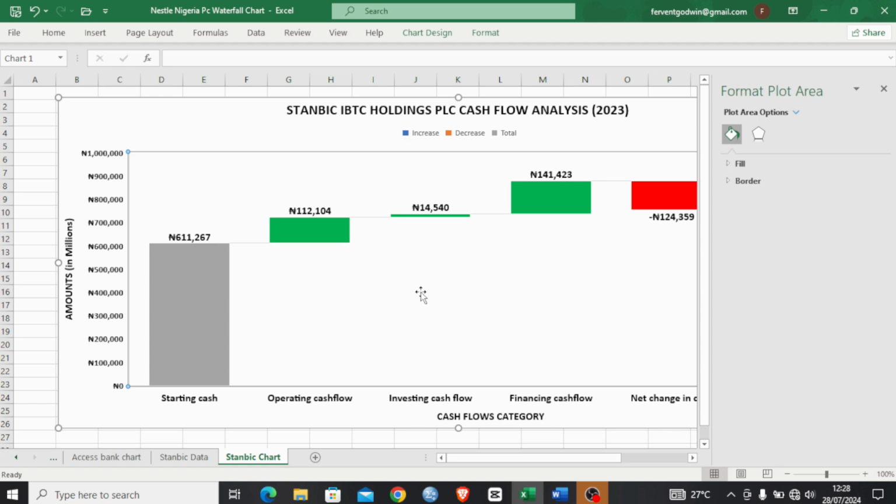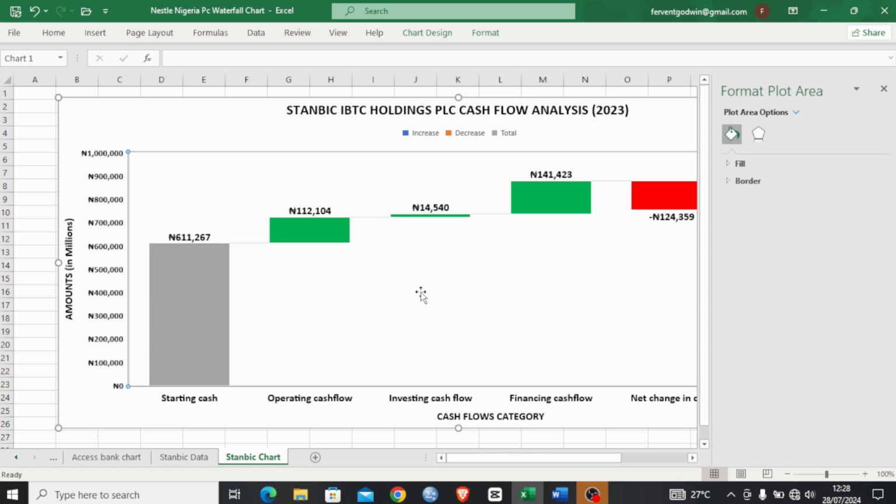Repurchases of equity can also be included here, where the company buys back its own shares. There are times a company has to buy its own shares. Then issuance of debt, where the company issues bonds to take on debt to raise capital. Capital lease payments. All of these are reflected in the financing cash flow.